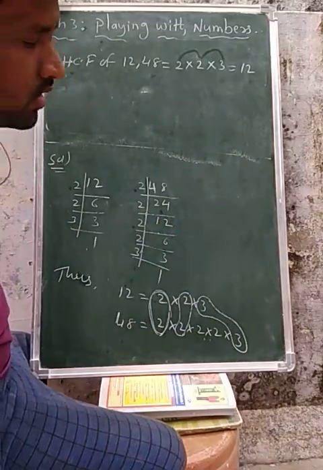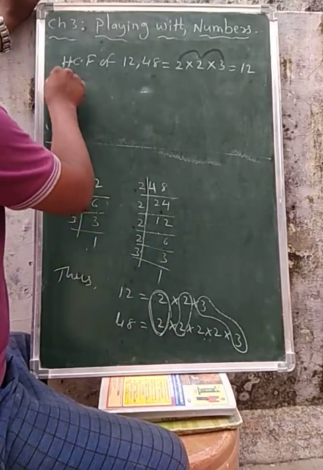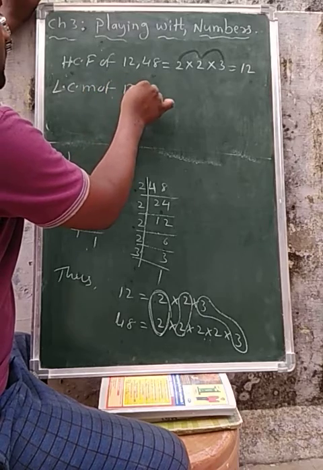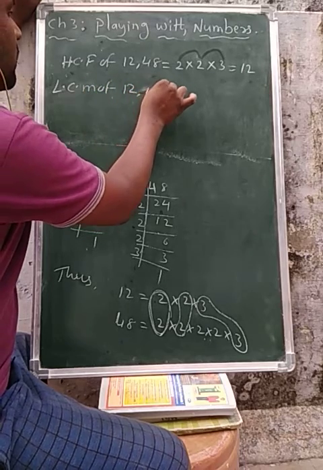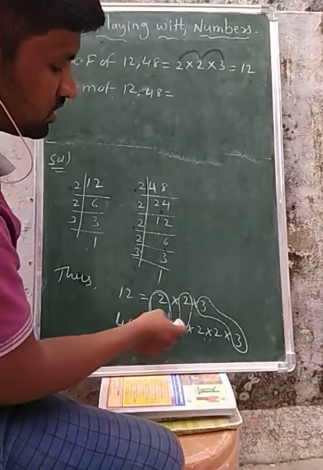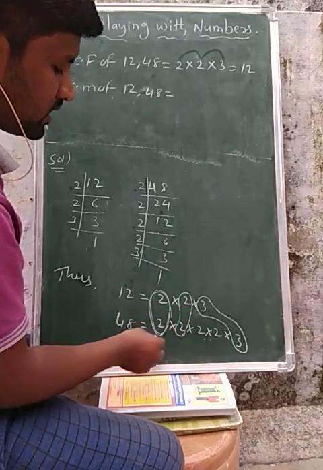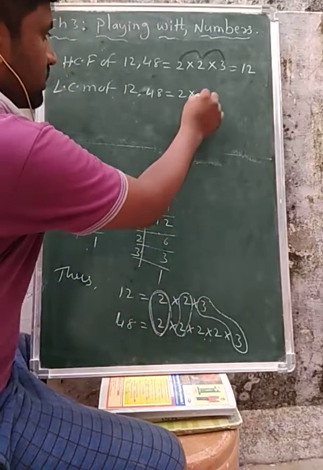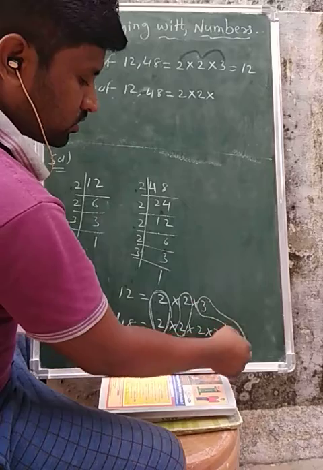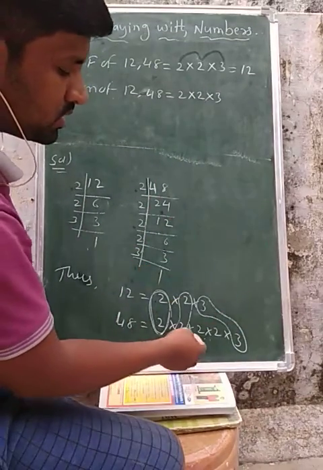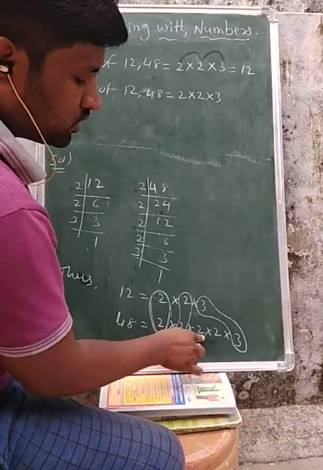And the LCM, least common multiple, of 12 and 48 is equal to, first of all, what are the common numbers? From this group, that is 2, and from this group also 2, and from this group also you can write 3. Then after, the non-common numbers, what are they? 2 and 2.